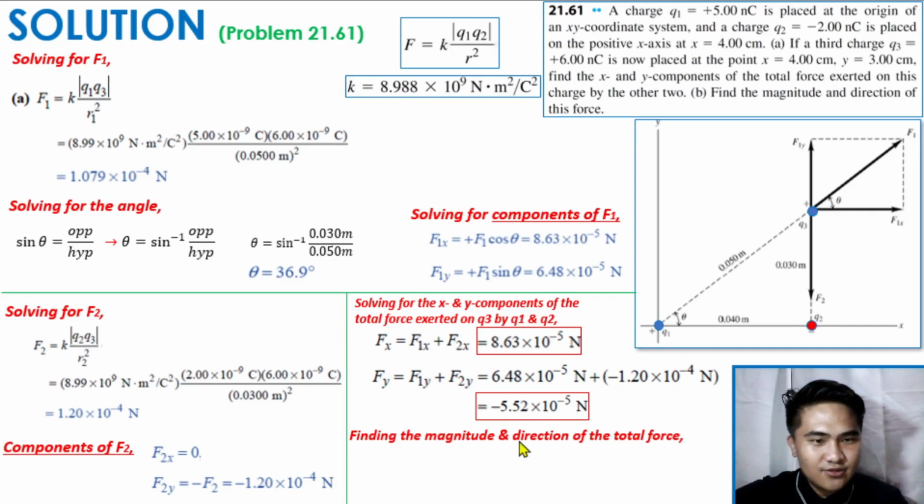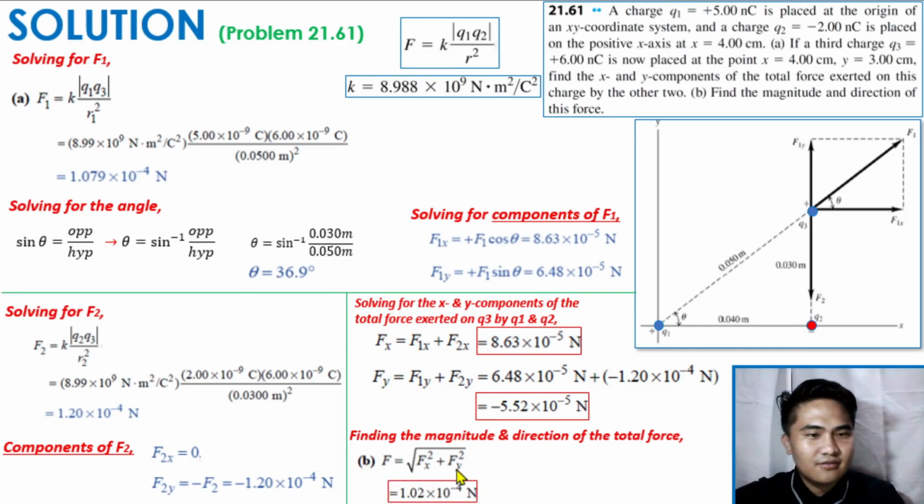Then find the magnitude and direction of the total force. Finding the magnitude, we have this formula. F is equal to square root of the sum of the two components, each squared, and we will get 1.02 times 10 to the negative 4 newton.